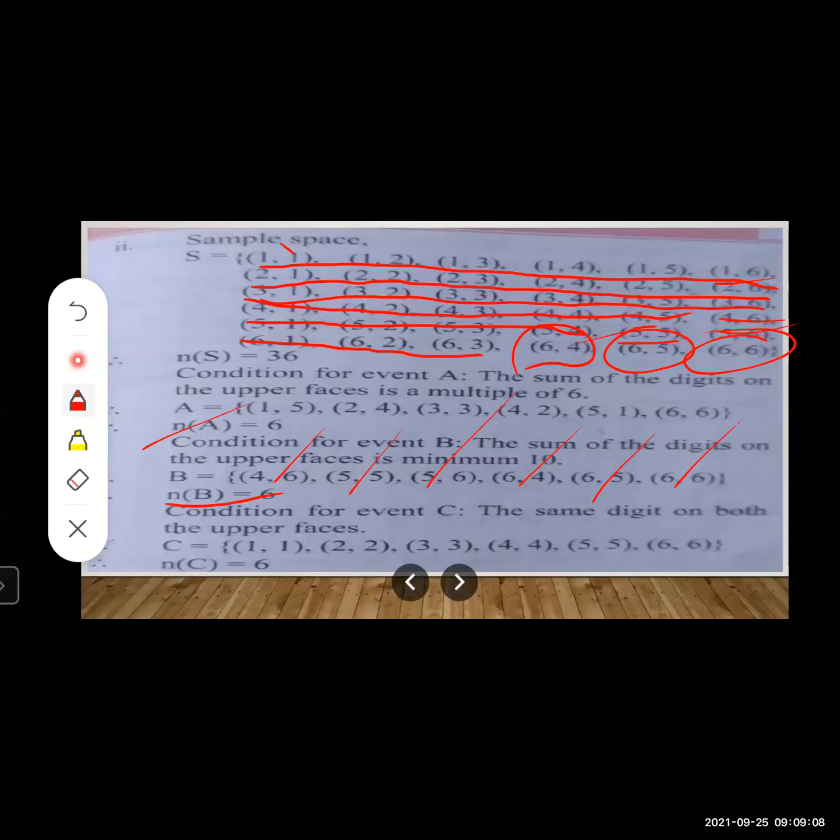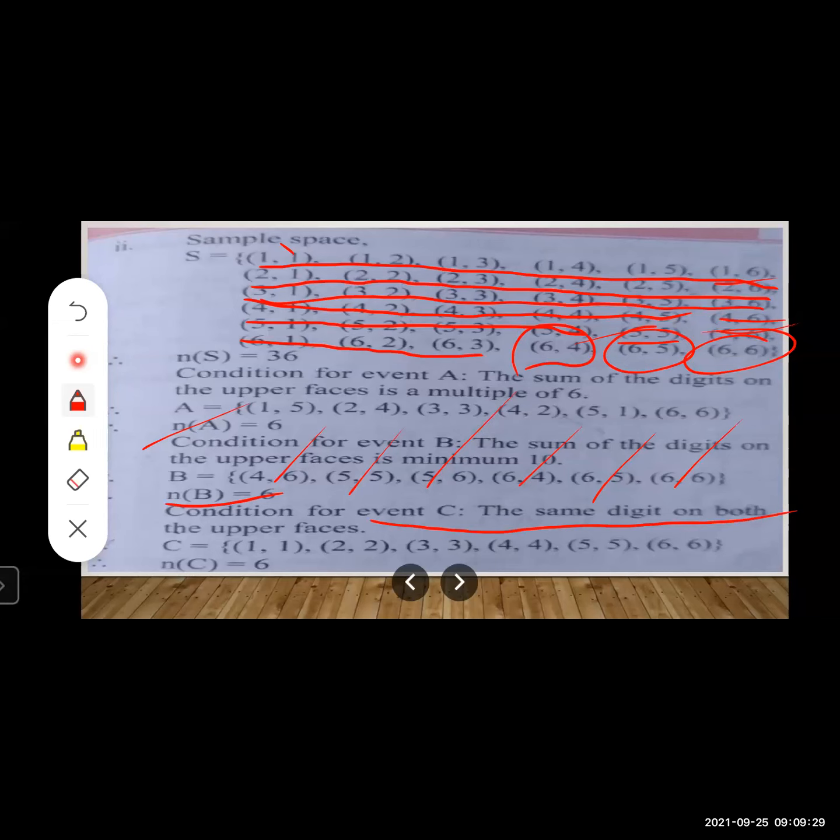Now let us move to the next condition. What is the next condition? Yes, the next condition is given as the same digit on both the upper faces. Now we want our favorable outcome as the same digit on both the upper faces. Why?